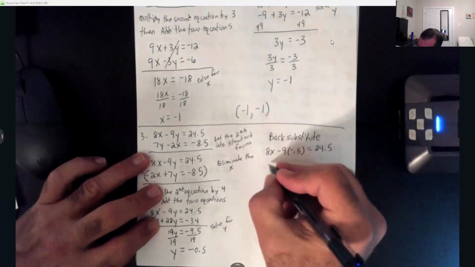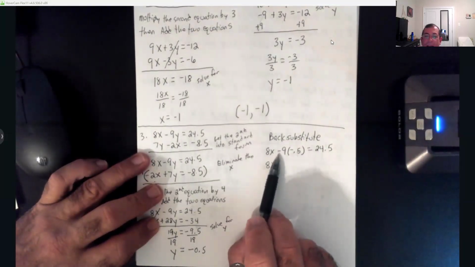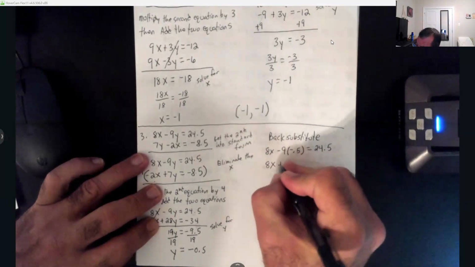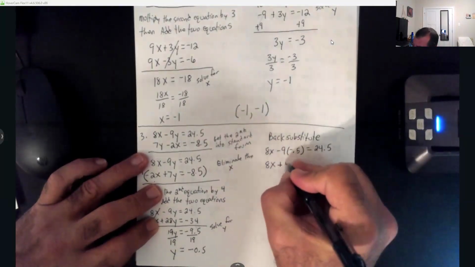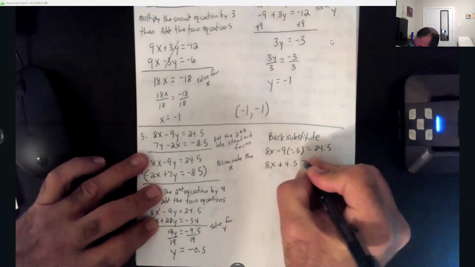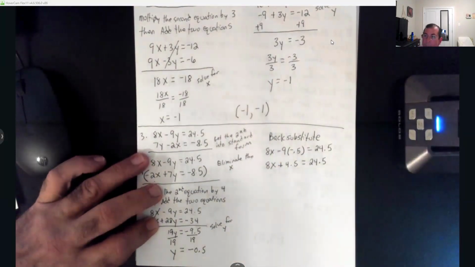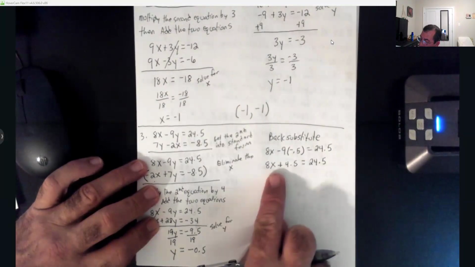All right, so bring down the 8x. Y'all watch this, a -9 times a -0.5. That's going to make that a positive 4.5 equal to 24.5. So we'll solve for x now.